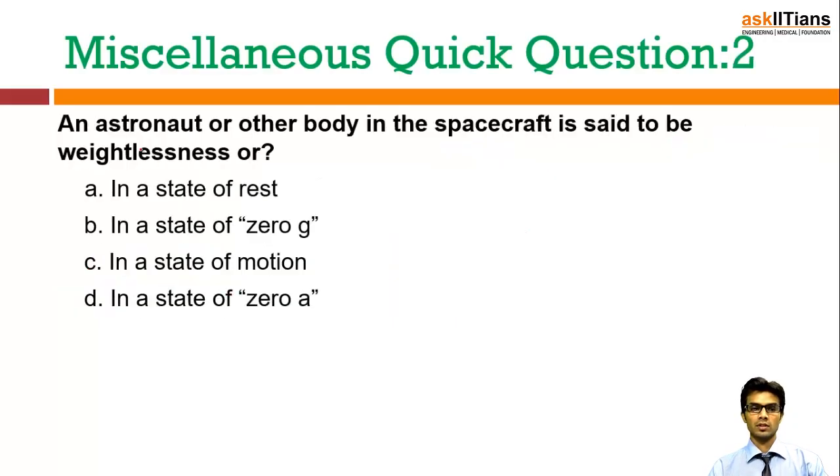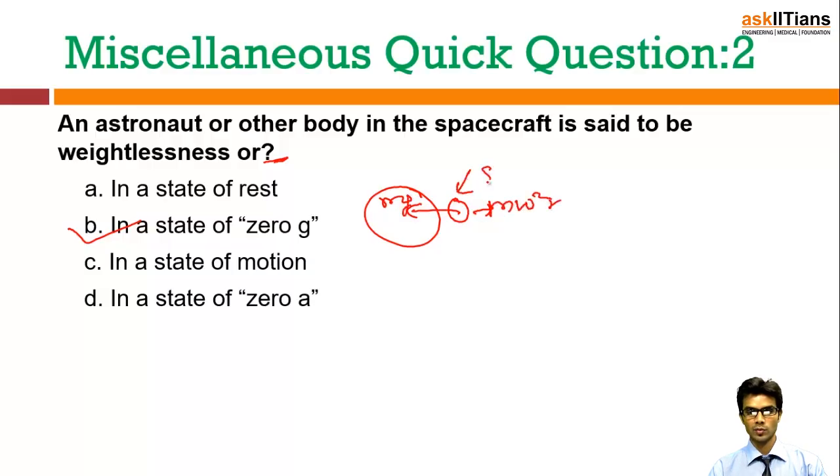Next question. An astronaut or other body in the spacecraft is said to be in a state of weightlessness, or zero gravity. This means there is no force, no acceleration. This is mg, this is m omega square r, and this is the spacecraft.